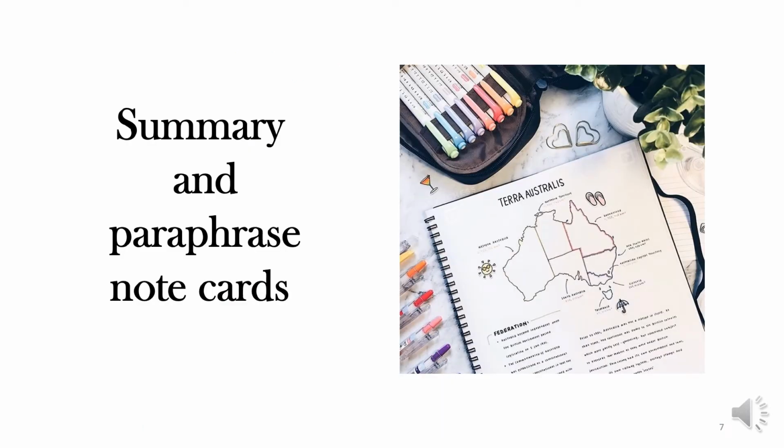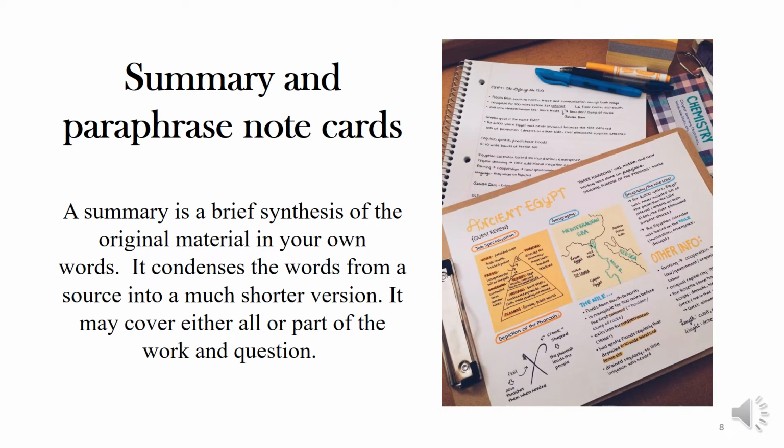The second type is summary and paraphrase note cards. Summary and paraphrase note cards are a brief synthesis of the original material in your own words. It condenses the words from a source into a much shorter version.